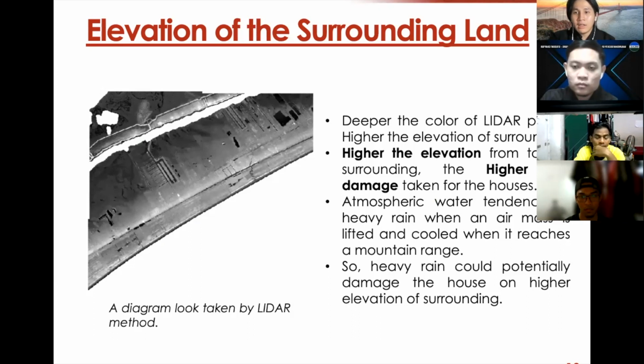The deeper the color of the LiDAR, the higher the elevation of the surroundings. The higher the elevation of the surroundings, the higher the damage taken by the houses. This is because atmospheric water tends to cause heavy rain when an air mass is lifted and cooled as it reaches a mountain range. So heavy rain could potentially damage the houses in higher-elevation surroundings.